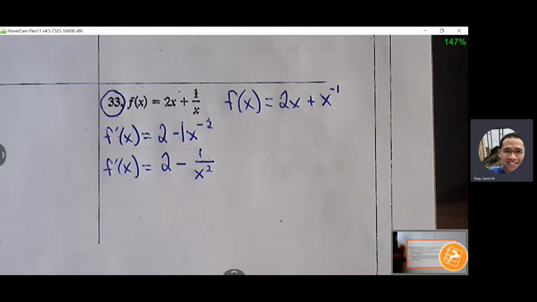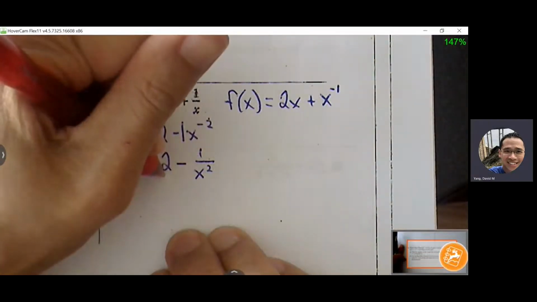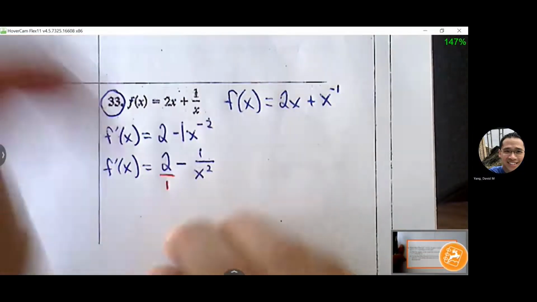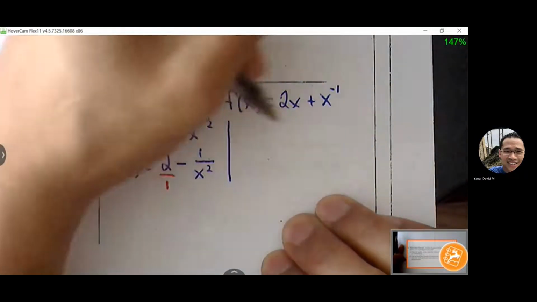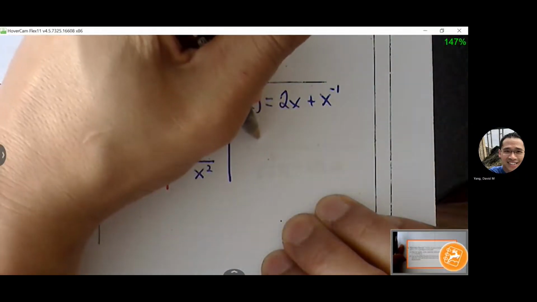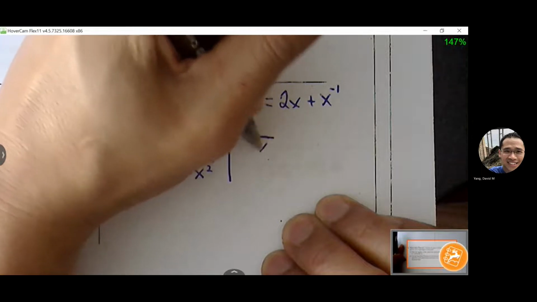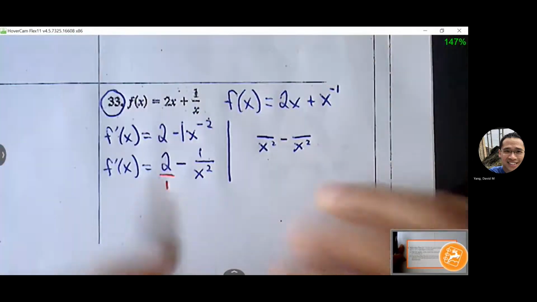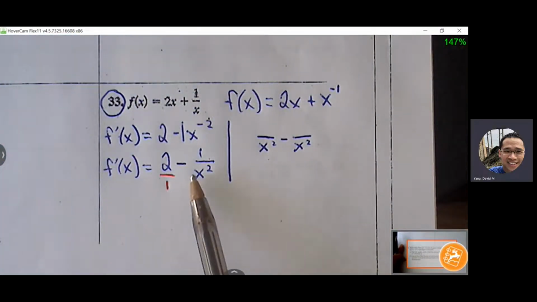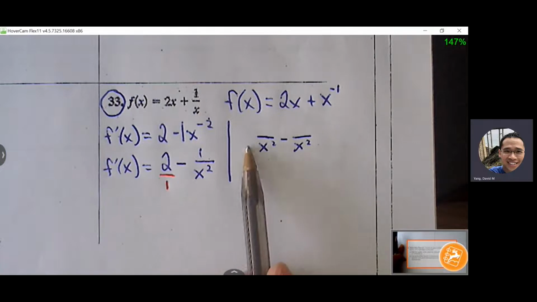To help me see the critical points more easily, I want to merge it into one fraction so that I can clearly see my numerator and denominator. So I'm going to find a common denominator here. My common denominator between 1 and x squared will just be x squared.